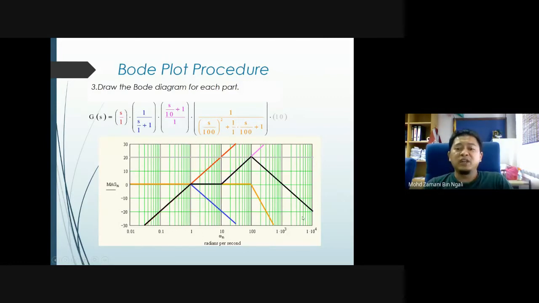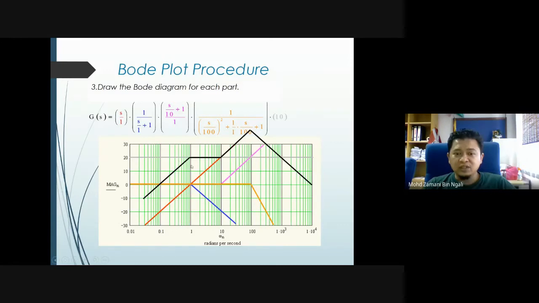What next? Remember, we have this constant just now that we haven't added to the total value. So this is your line. If we add another 20 decibel, we are actually lifting this black line upward 20 decibel.